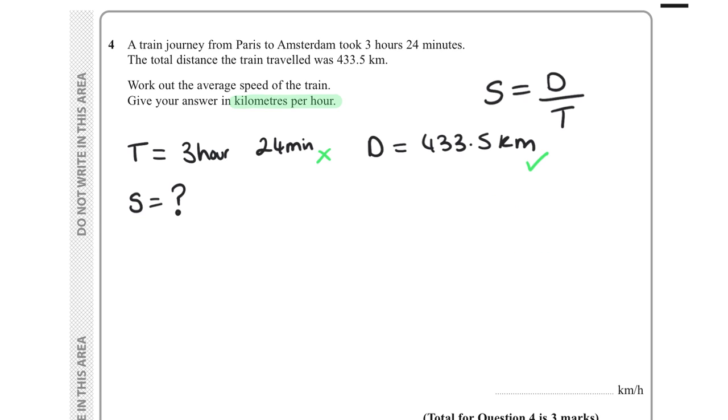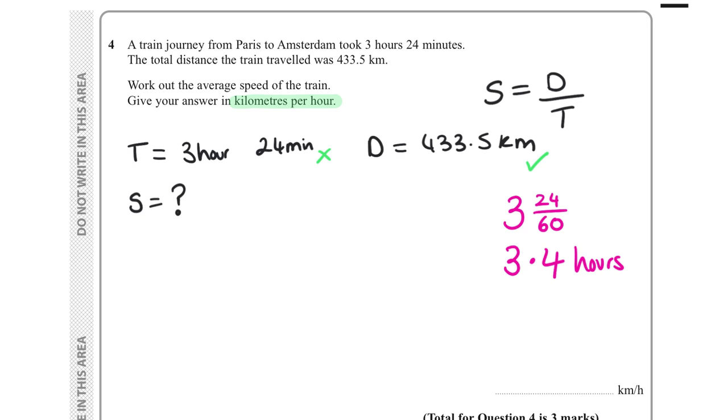Okay, so minutes is out of 60. So what we're going to do is we're going to have 3 hours and 24 out of 60. This is going to give us our decimal. What is 24 divided by 60? I think it's 4/10. So it is 4/10. So this is 3.4. So 3 hours, 24 minutes is 3.4 hours.